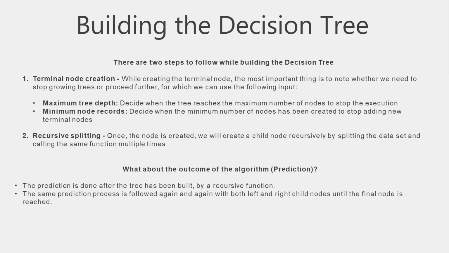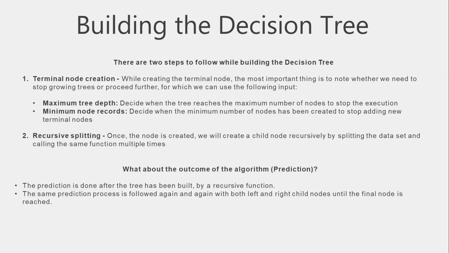Maximum tree depth, where we decide that when the tree reaches the maximum number of nodes, the creation of the tree stops. And minimum node records, which decides that when the minimum number of records has been reached, we stop adding new terminal nodes.